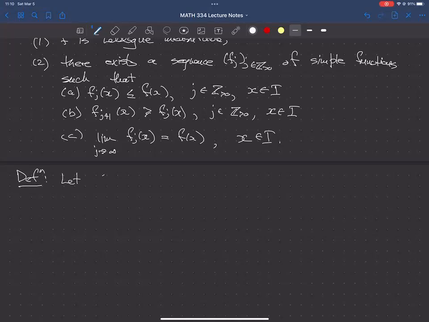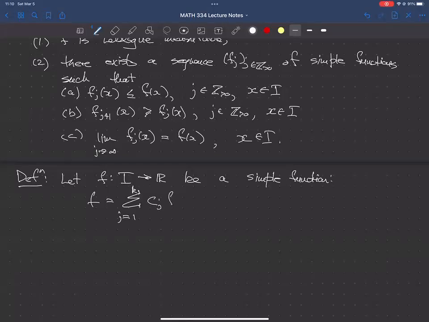Let f be a simple function. Therefore, f is a sum like so.